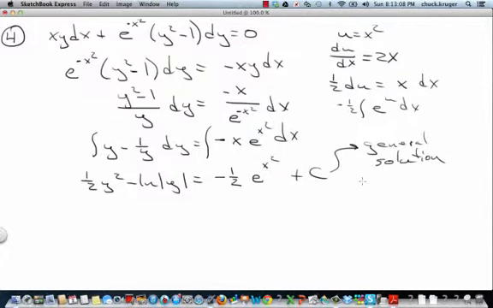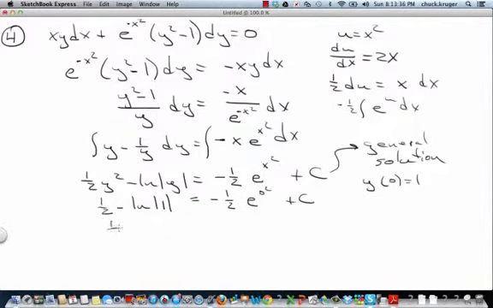And if I had the point, and the point I picked was y sub 0 is equal to 1, that means when I put 0 in for x, y is 1. So I'm going to have 1/2 minus the ln of 1 equals a negative 1/2 e to the 0 squared plus c.